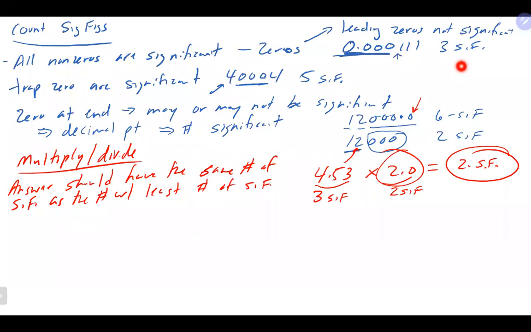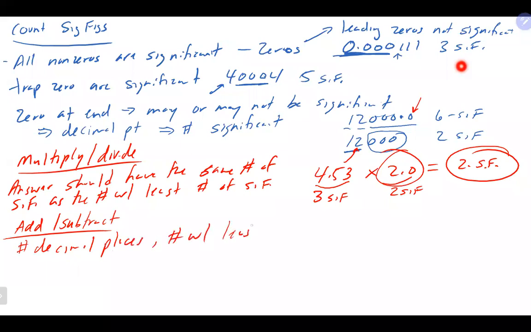And that is different than when we add and subtract. When we add and subtract, we look at the number of decimal places. And it is the number with the least number of decimal places. So if we took 4.32 plus 1.2, add them together, 5.52.